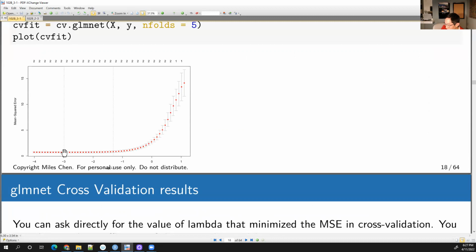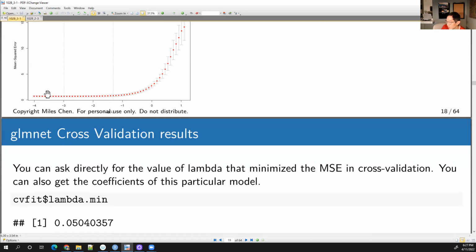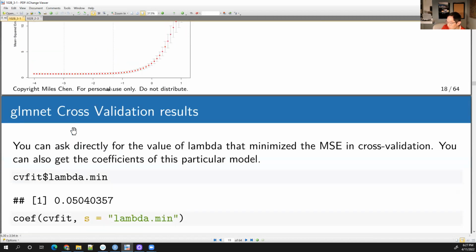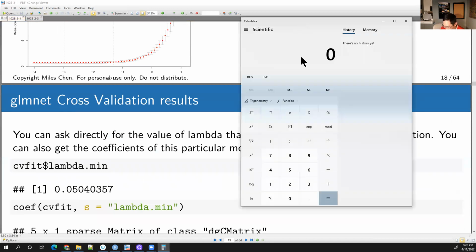So what we can do is ask what is the value of lambda that gave us the smallest amount of cross-validation error. It was at lambda equal to 0.05, and I guess the log of 0.05 is around negative 3. Let me double check: ln of 0.05, yeah, negative 3.